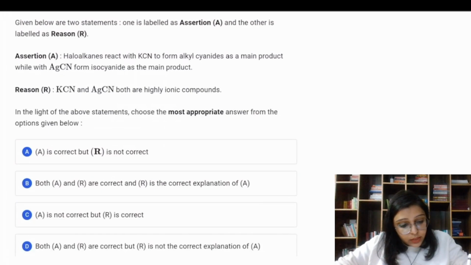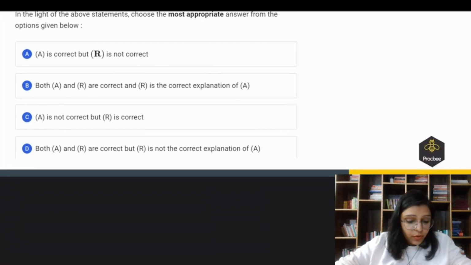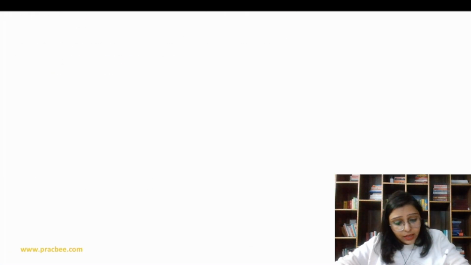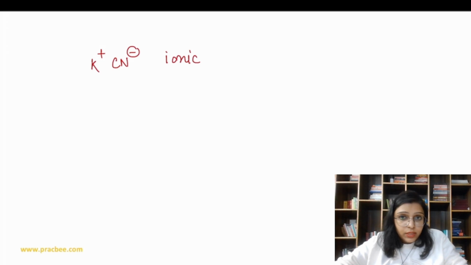So the next question says, haloalkanes react with KCN to form alkyl cyanides as the main product, and AgCN forms isocyanide as the main product. That is correct. KCN is an ionic compound, so it dissociates into its ions. So we have C triple bond N, and we have a negative charge on carbon. How?